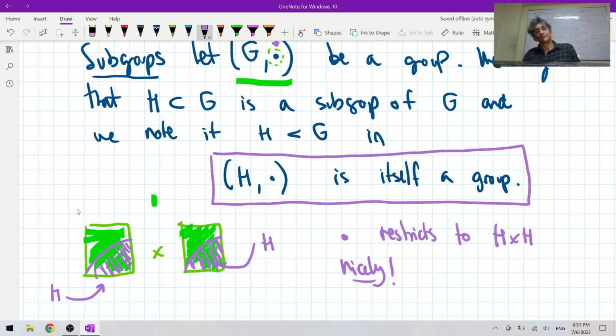This means that dot will take two elements of H and produce an element of H, not only an element of G. It will produce an element of H.